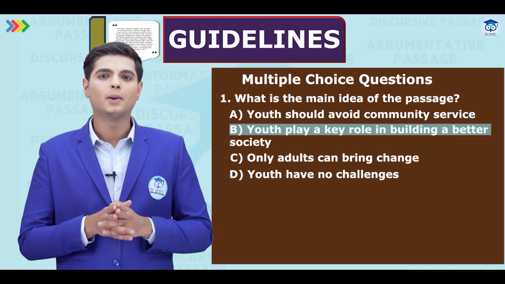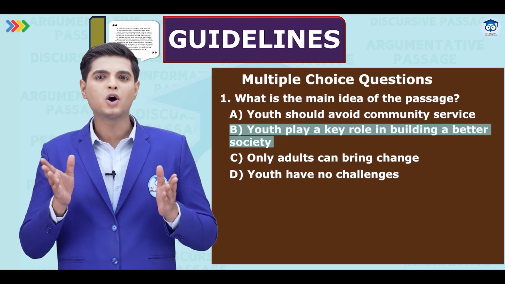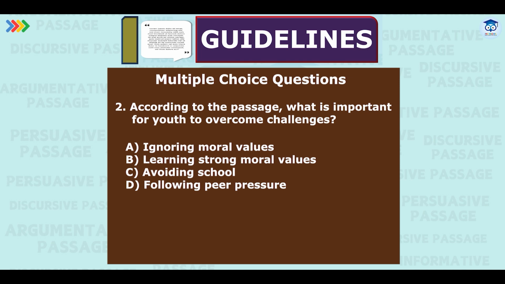It's the second one, because the whole passage talks about how important youth are for positive change. Great. Now moving on. What's important for young people to overcome challenges? Is it ignoring moral values or learning strong moral values? Right, learning strong moral values. That's what the message emphasizes as the foundation for success.